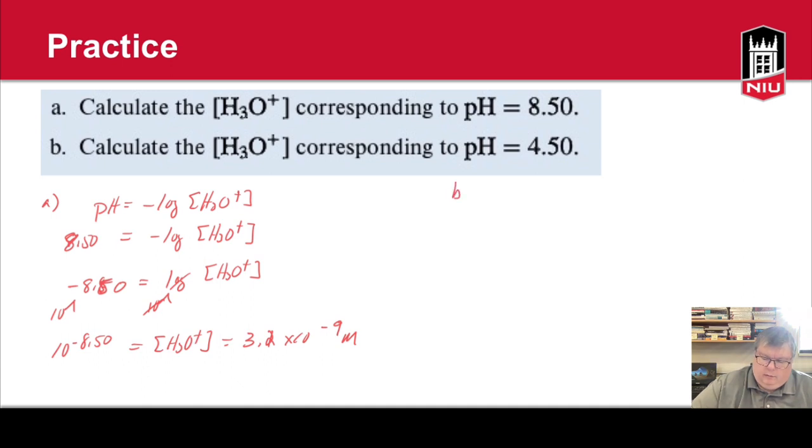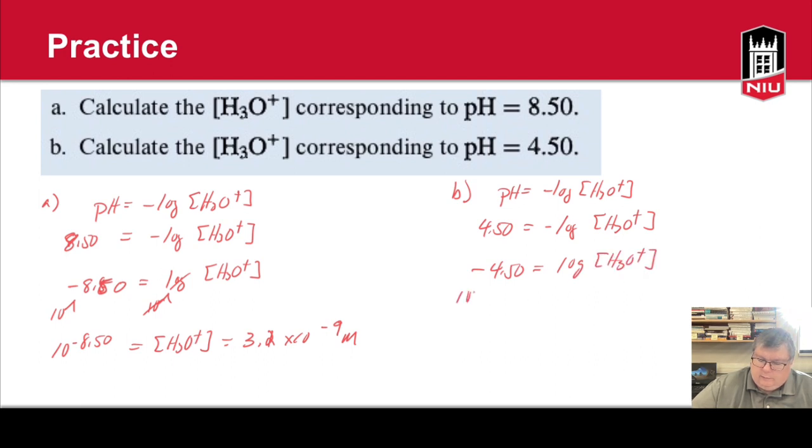For part B, pH equals negative log H3O plus, which is equal to 4.50 equals negative log H3O plus. Move the negative sign, negative 4.50 equals log H3O plus. Take 10 to the power, the anti-log button.